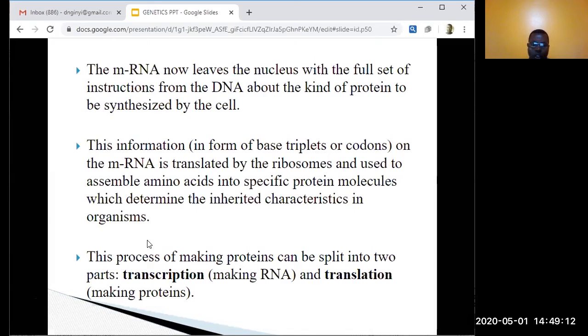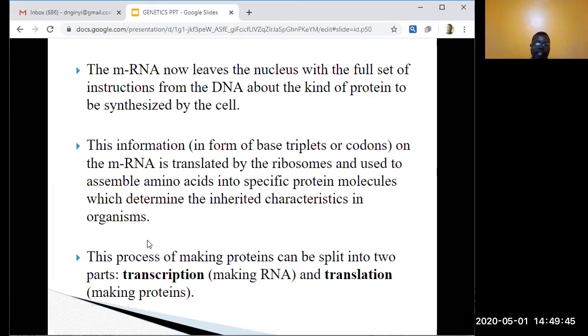That coded information in the messenger RNA, once interpreted by the ribosomes, will synthesize particular proteins, and the proteins produced will give the characteristics to the organism. So today you have normal skin color. You inherited a normal gene from your parent. That normal gene is coding for synthesis of melanin. That's why you have that characteristic.